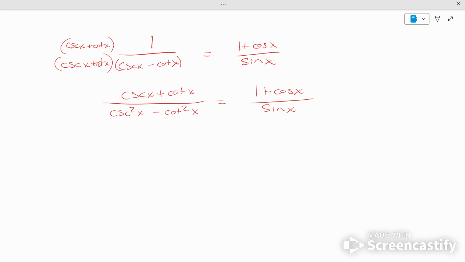What's cosecant squared minus cotangent squared equal to? It's equal to 1.